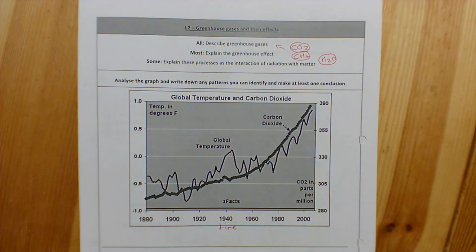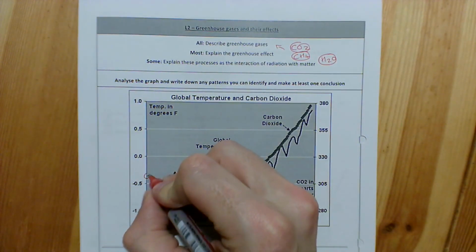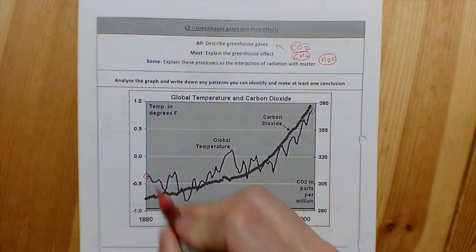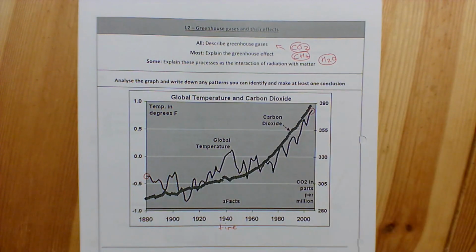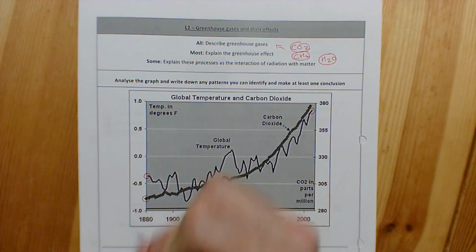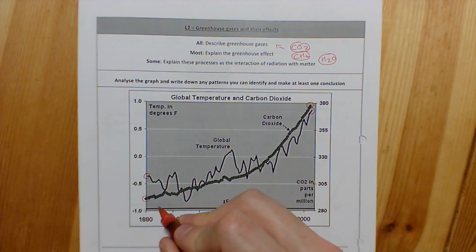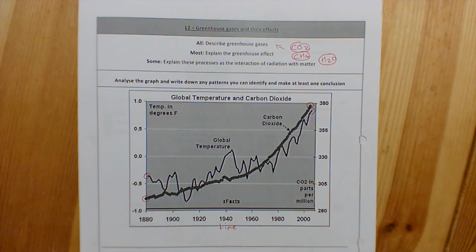So to get the general trend, you look at the start point and the end point, and you can see that over time it has increased. That is the first trend. For the carbon dioxide, it's a little bit simpler because it's not so erratic. You can see its start point and its end point, and over time it has also increased.